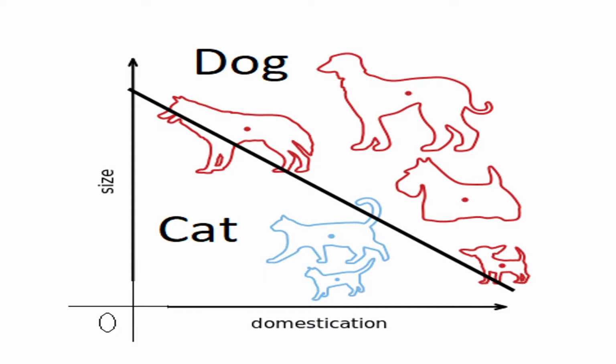Another example: based on the features domestication and size of the animal, a perceptron has built a classification line which can be used to separate a given unknown animal, whether it is a cat or a dog.